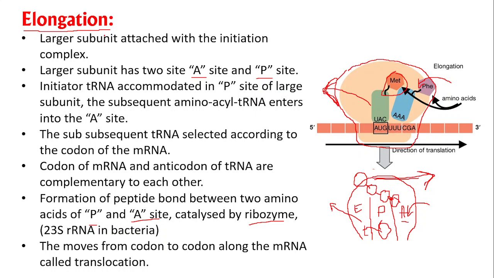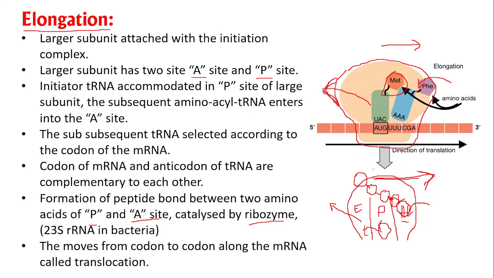In the elongation, what will happen? The particular complex, which is called the initiation complex, will start moving towards its right side. When it starts moving towards its right side, what will happen? Gradually, the charged tRNAs will start entering the A site of the larger subunit of the ribosome.